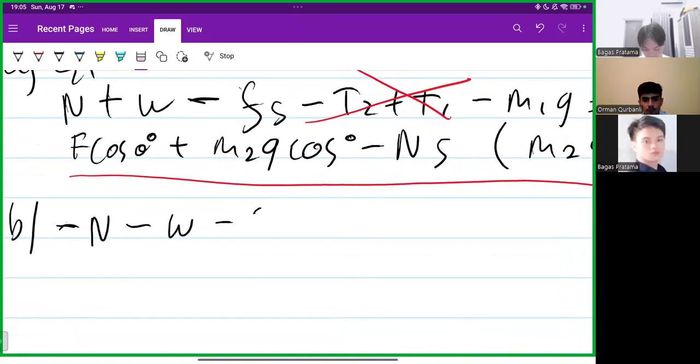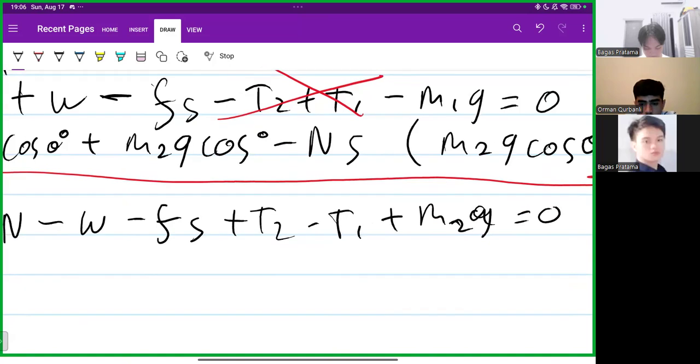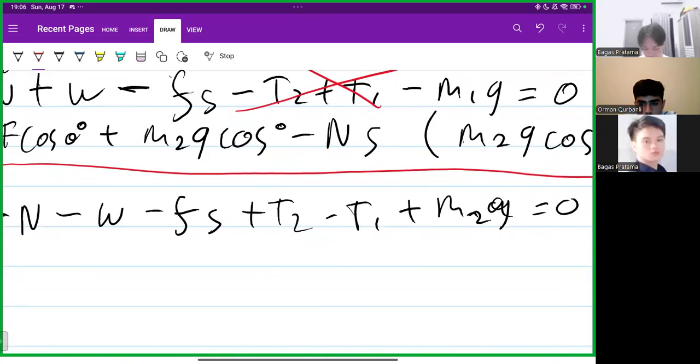The static friction plus T2 minus T1, but this is the same, plus M2G equals 0. So it's just left the carry-off of this.